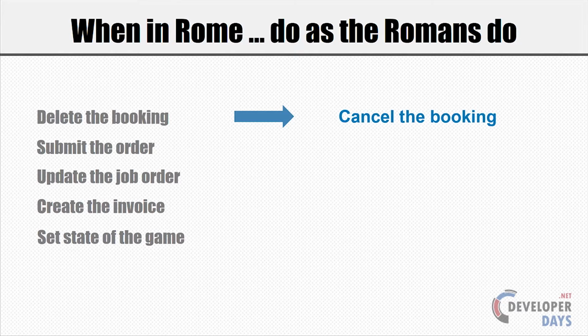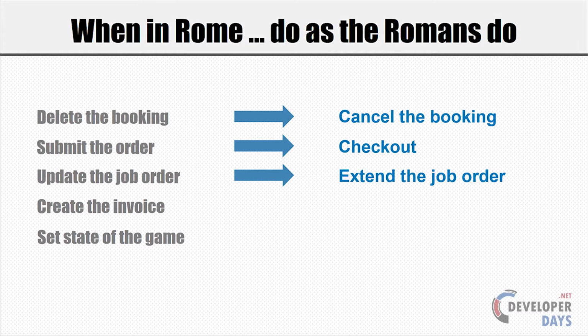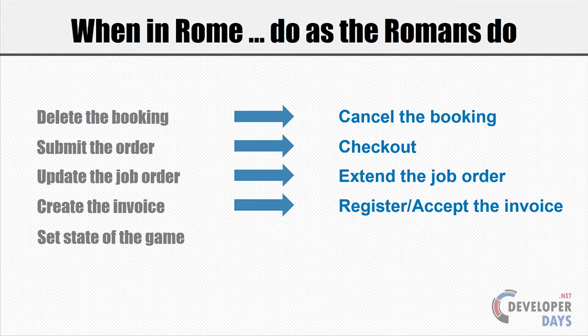So delete the booking typically becomes cancel the booking, submit the order. Yeah, okay, we submit an input form that represents the order, but actually it's checkout most of the time. Update the job order in an ERP system is likely to be called extending the job order. Create the invoice is typically register or accept the invoice.